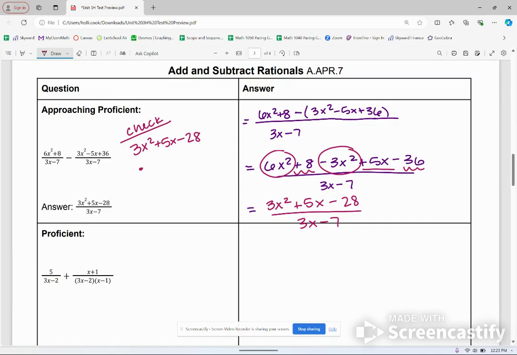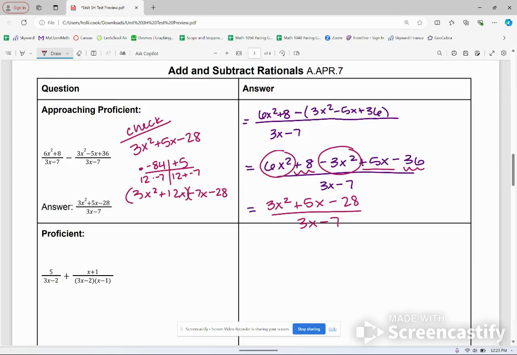It is negative 84. And then we need to add up to 5. Let's see, we could do 12 and negative 7. So 3x squared plus 12x minus 7x minus 28.